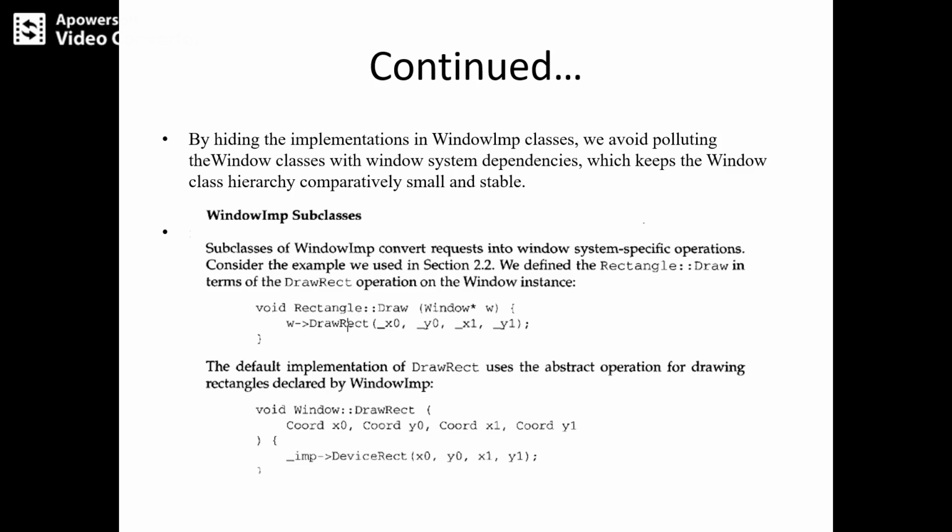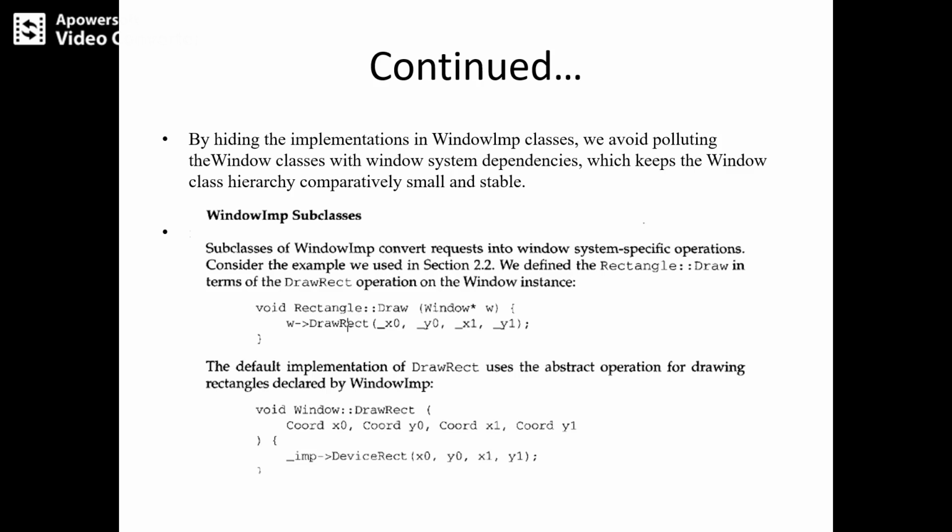Here the default implementation of draw rectangle uses the abstract operation device rectangle declared by the window IMP class, taking coordinates x0, y0, x1, y1.